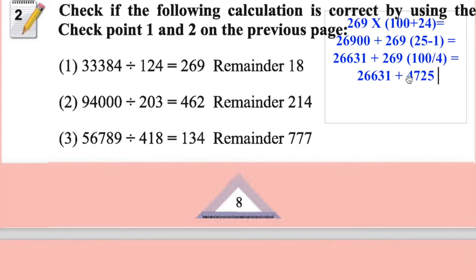Now we are going to add 4,000 first to 26. If we add 4,000 here, this becomes 30,000. Now add 25. Add 700 first. 700 here, this leads to 33. 20 here, then this becomes 51.